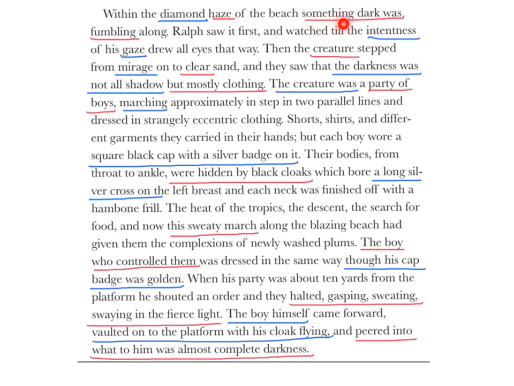But this dark is not overpowering them yet. The evil is not yet overcoming them. It is fumbling along. And so there's a sense that this evil could be stopped. And the person who could most obviously stop it is Ralph. But interestingly, Ralph sees it first. So although he's completely aware of the danger, symbolically, although in real life he's not aware of the danger that the choir will pose, he's also attracted to it.